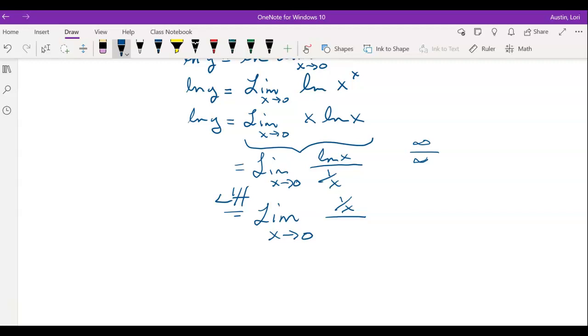Negative 1 over x squared. Because it's 1 over x, you're actually taking the derivative of x to the negative 1. That's where the negative comes from, and then you decrease the exponent, so it's x to the negative 2. It's negative 1 over x squared.